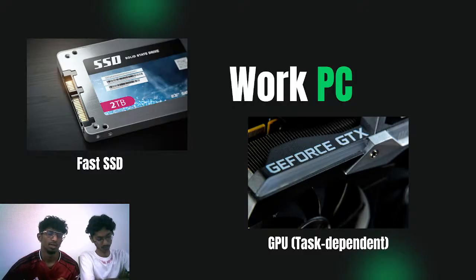Now that we have already explained both types of PCs and what makes a work PC different, let's put everything together. One of my groupmates will show the prices of each component of a budget PC and then a work PC to be built later on.